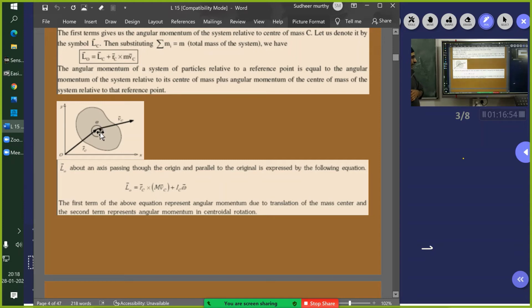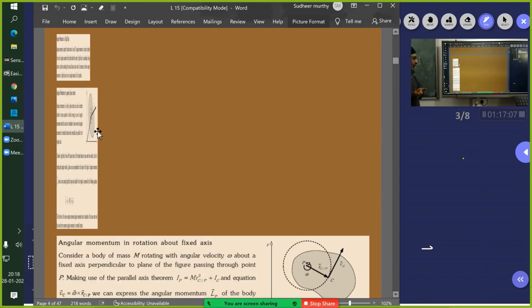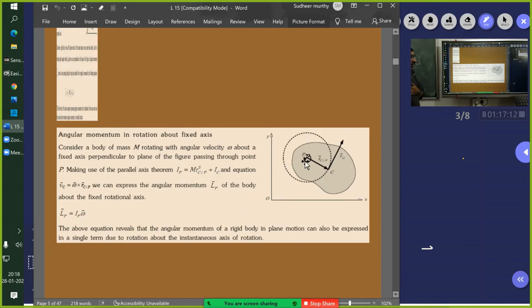If you say this axis is BC, then it is only an instantaneous axis. This body was free and therefore it had to rotate about the center of mass. Now we have created a point P where the body is rotating about this point P.